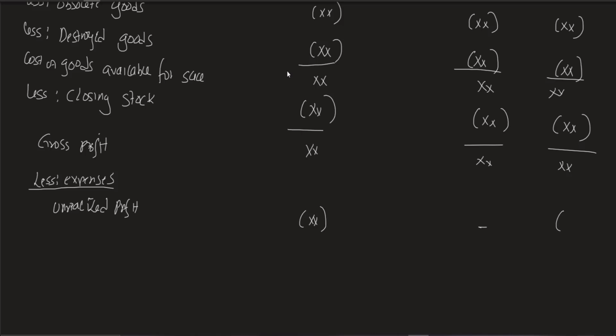Remember, unrealized profit will only appear in the head office if the head office had sent goods to the branch and those goods still remained unsold at the end of the year.